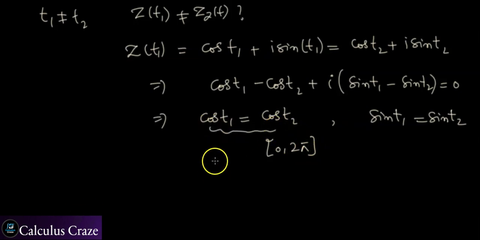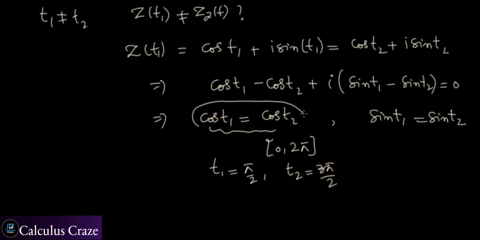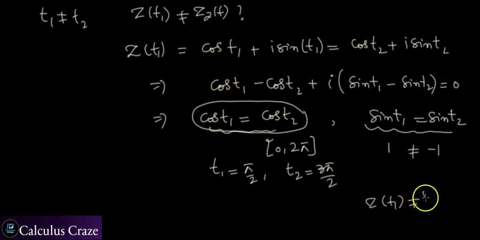For example, we can pick t1 equal to pi by 2, and let's say t2 is equal to 3 pi by 2. You can check that the cosines agree, because cos of pi by 2 is 0 and cos of 3 pi by 2 is also 0. But on one side the sine will be 1 and on the other side it will be minus 1, so that is not equal. Hence you will have z of t1 not equal to z of t2.